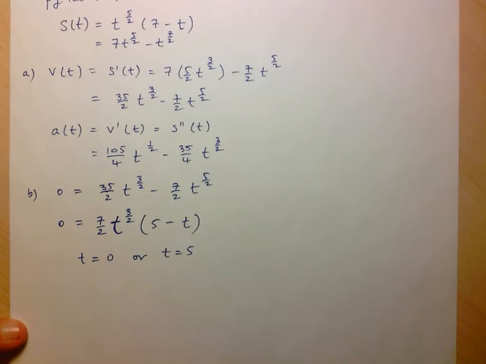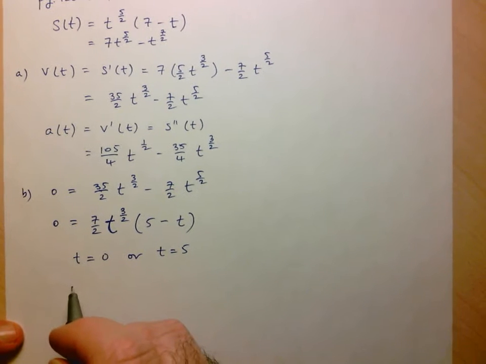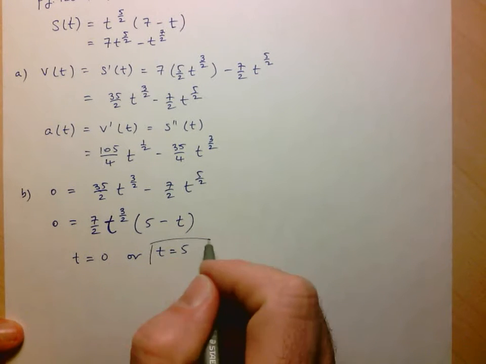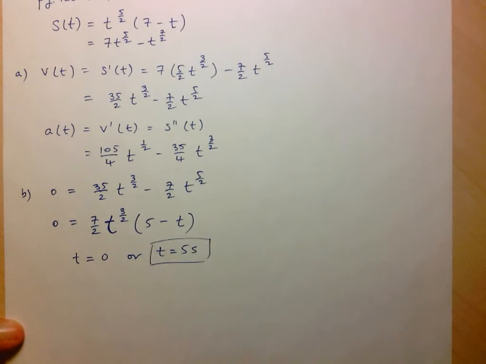Now if I look at t equals 0, that's just the initial time, so it started off at a velocity of 0. But that's not what I'm interested in. I'm interested in once it started moving, when does it stop? So that happens at t equals 5 seconds.